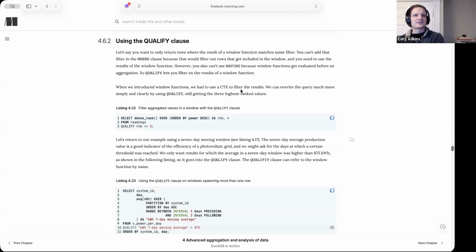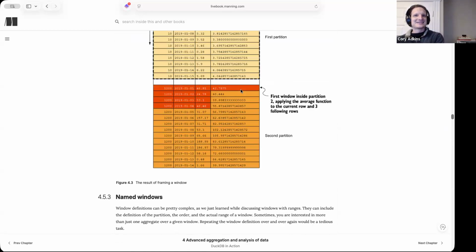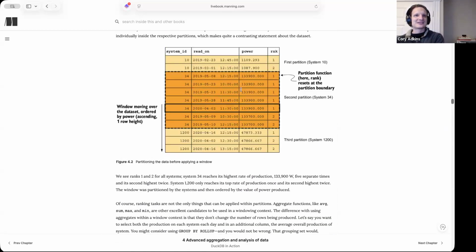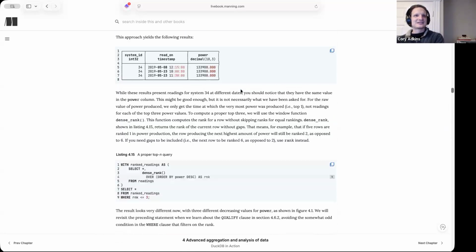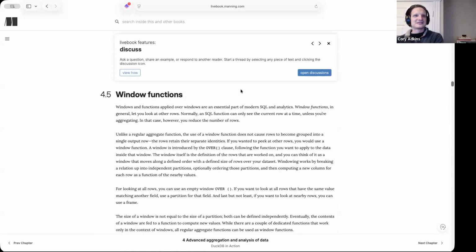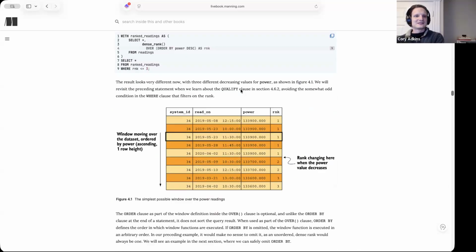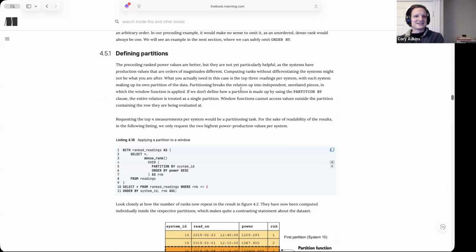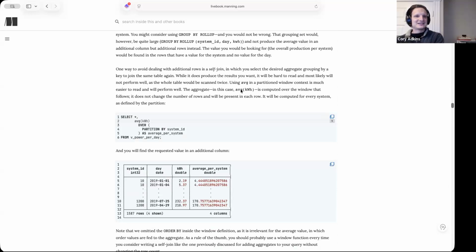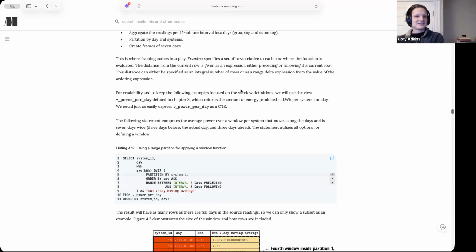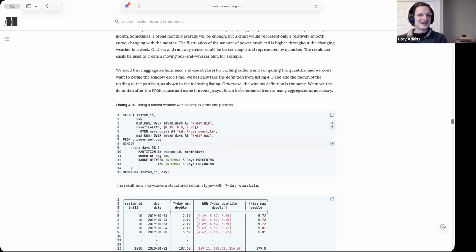So up here, I'm tempted to go back. Yeah, when they introduced window functions, they say they used a CTE in one of these, but I don't see that.